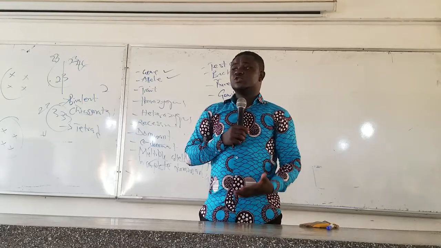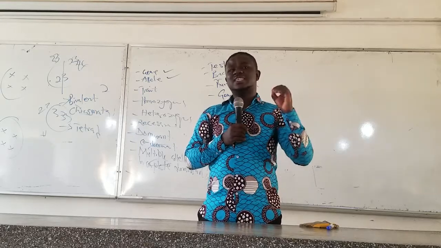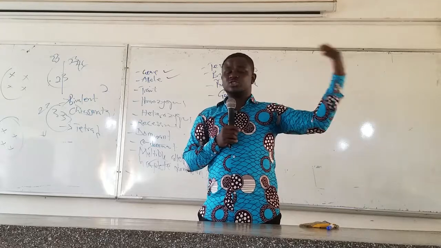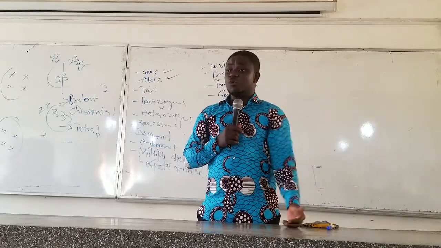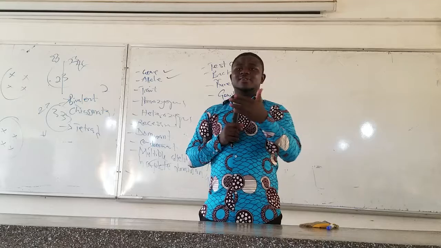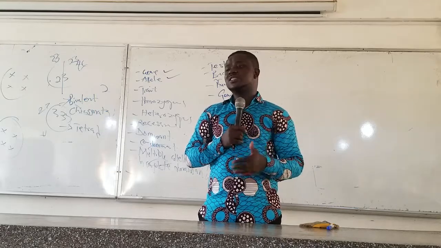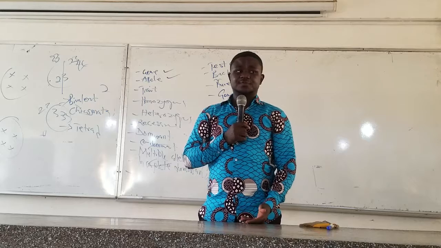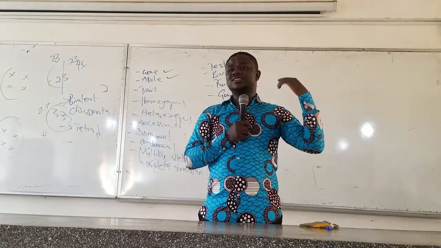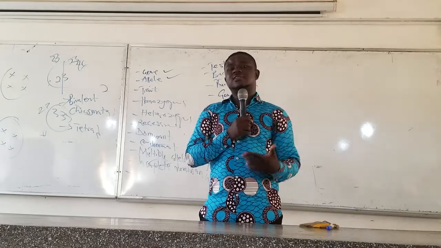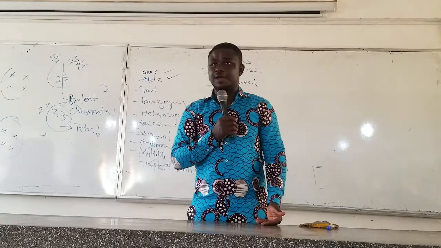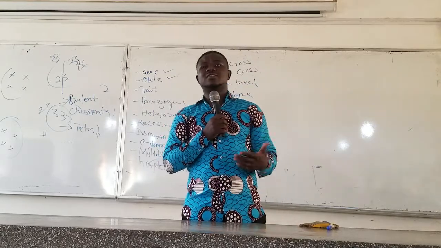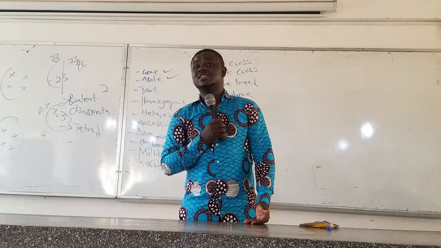You get it? So whenever the gene that controls the dominant trait is available, the recessive trait or the recessive condition cannot be expressed in the phenotype. So the dominant trait is like the cat, the recessive trait is the what?